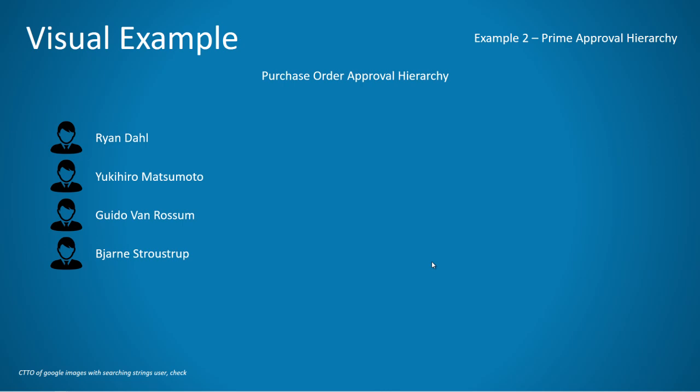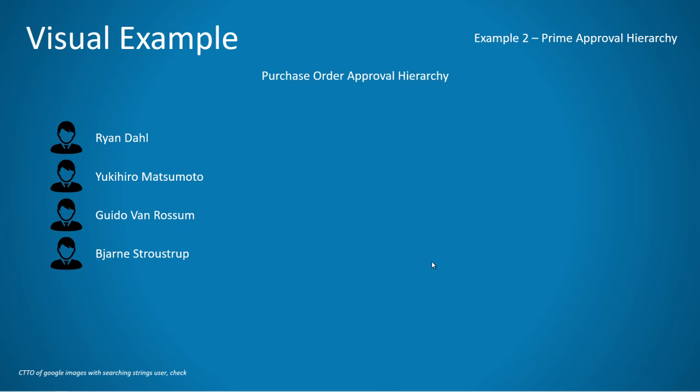Then let's say, for example, we have set a 4-person approval hierarchy. In order to proceed with the purchase order, this personnel should approve it first.